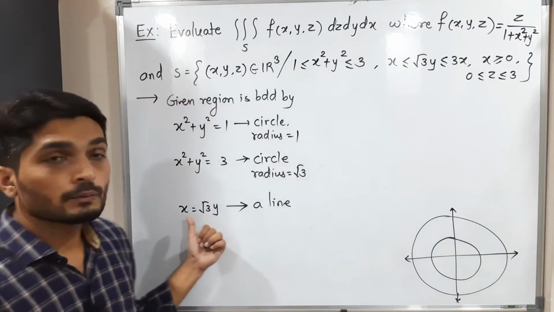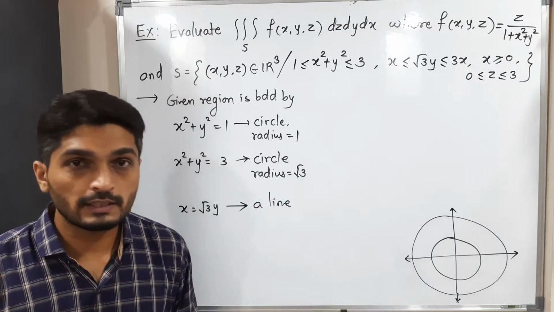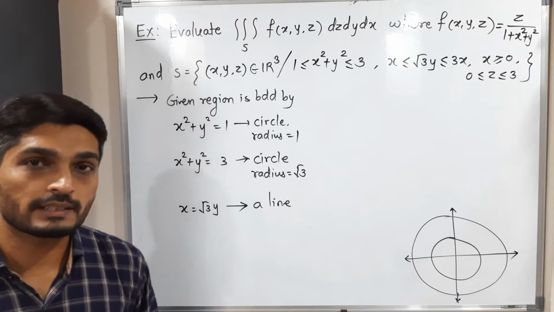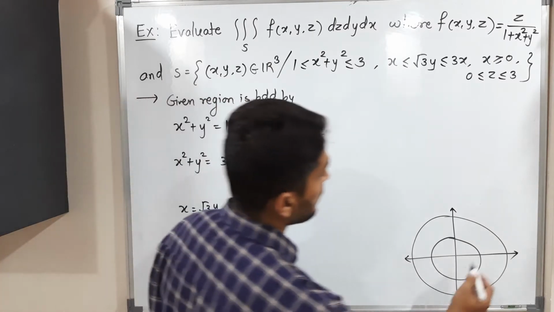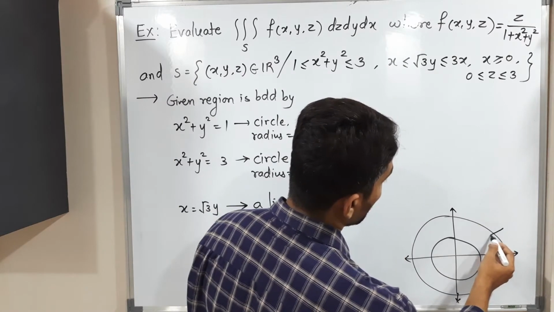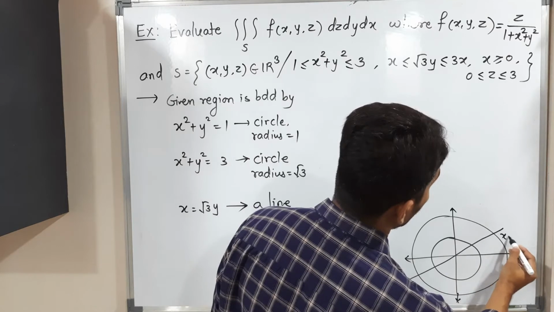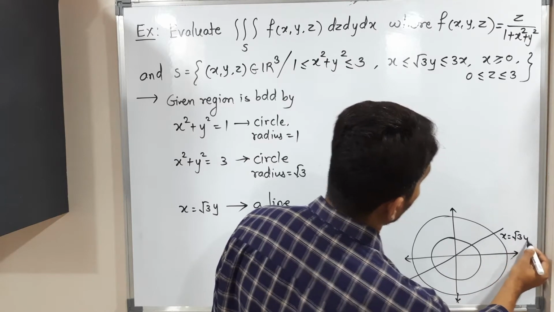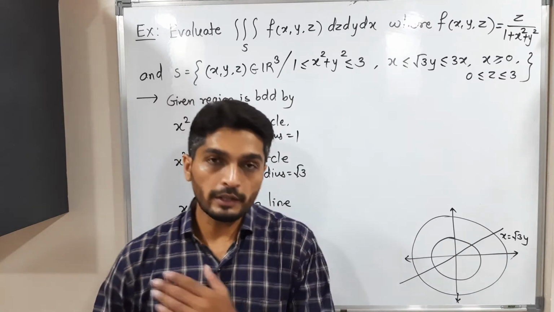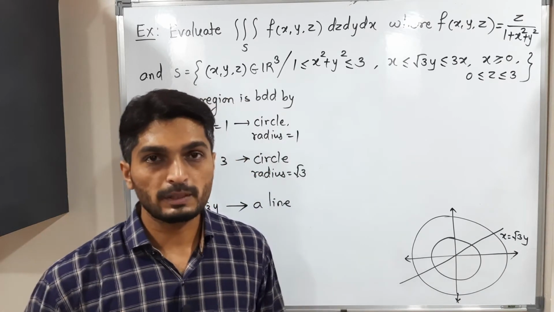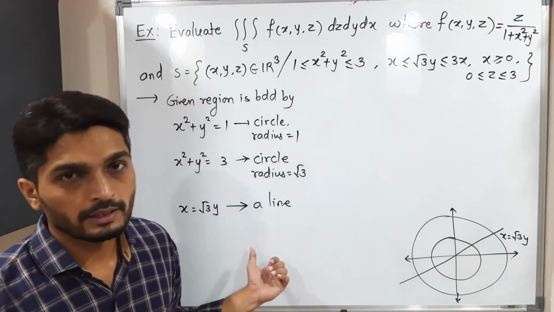If I put x is equal to 0, y is equal to 0, so this line passes through the origin. So I'm drawing a rough sketch of that line, x is equal to root 3 y. You can draw that table and check. No worry, we have already solved many problems in many videos, so I'm writing it directly.